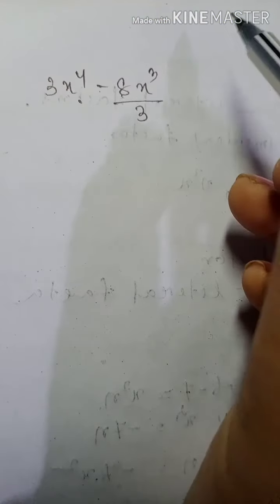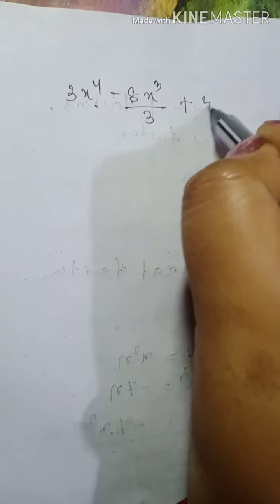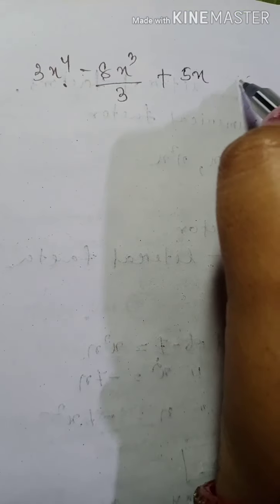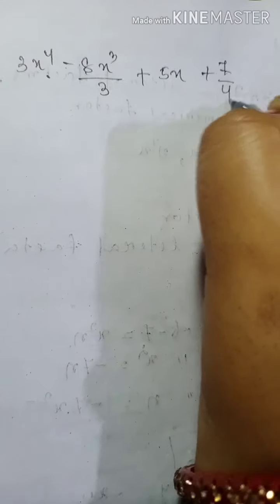See, another point I want to tell. There are some expressions I will write. Out of these, you have to find out which one is a polynomial. So the first one, 3x^4 minus 8x^3 by 3 plus 5x plus 7 by 4.